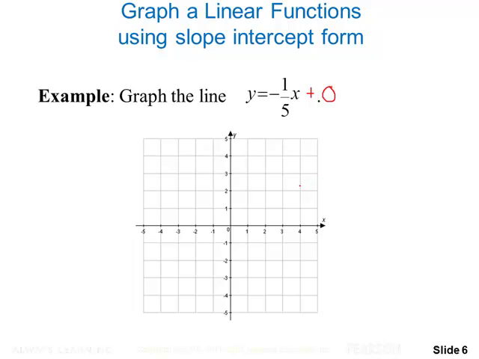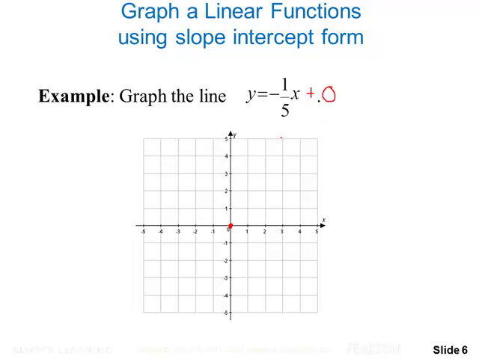So as we take a look at the steps to plot a linear function using slope-intercept form, our first condition is already satisfied. Our equation is in slope-intercept form. The next thing I'll do is plot the y-intercept, which is 0. Keep in mind that our slope, which is the coefficient of x, is negative, so our graph should fall as we read it from left to right.